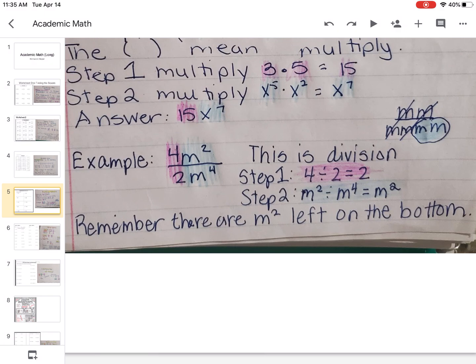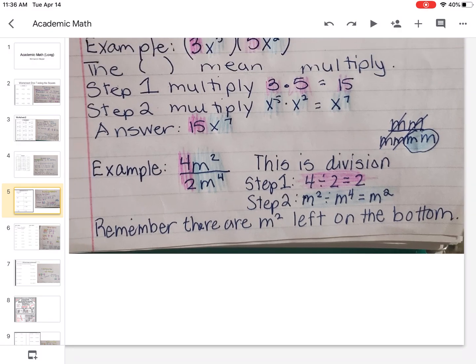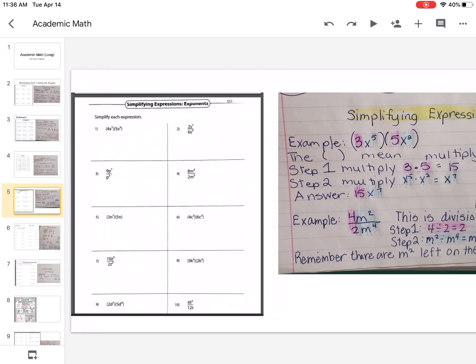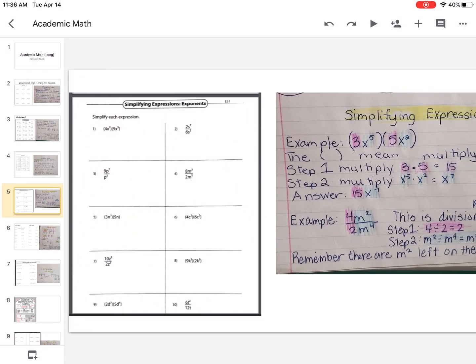So you remember that the bigger number is where things stay. So you should have a 2 on top and an m^2 on the bottom. And maybe in another video, we can review this a little bit more.